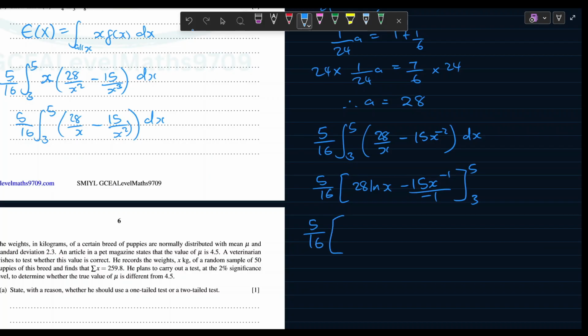Okay, so we can rewrite this as 28 ln x. And then here the negative 1 and the negative 1 cancel out. So it's just going to be positive 15 over. We can take the x to the negative 1 down to the denominator so that it's over x. And our limits are from 3 to 5.